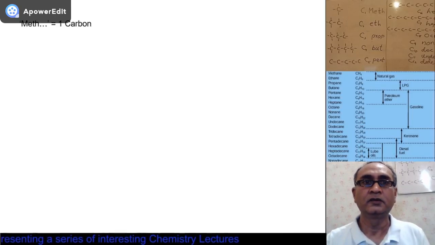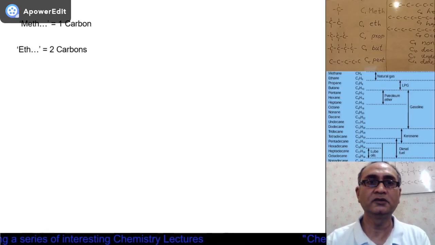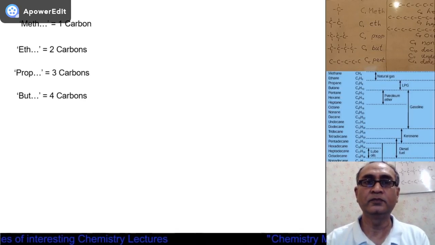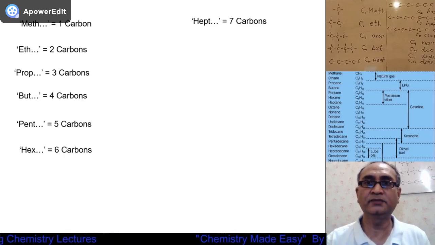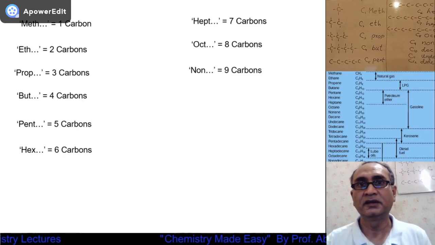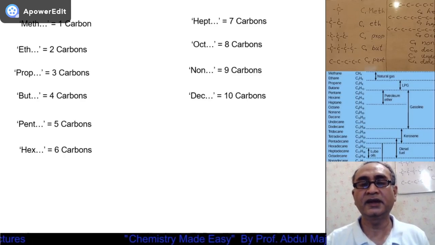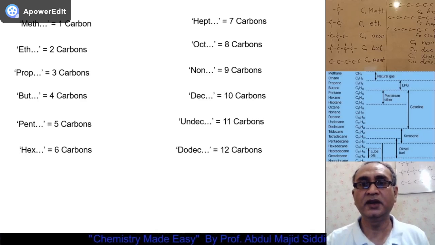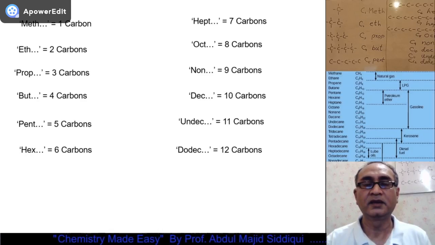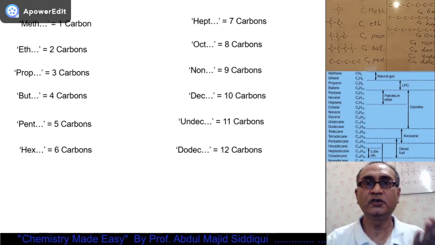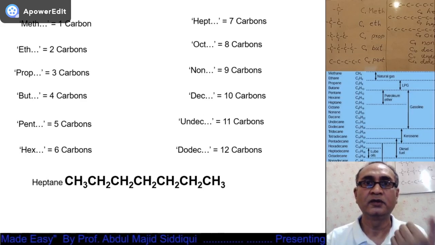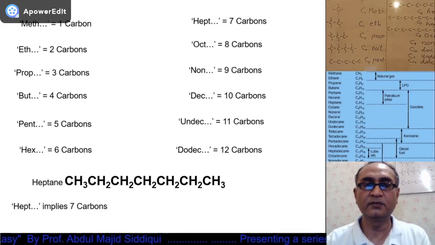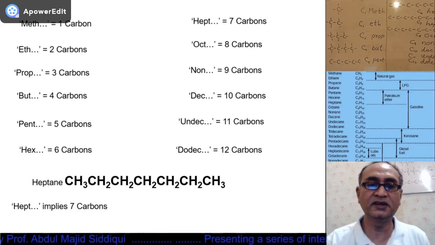So 1 carbon, meth, 2 eth, prop, but, pent, hex, hept, oct, non, dec, undec, duodec, etc. You have to remember these so that you will be able to understand the method of giving names to the compound which you can see at the bottom of the screen.